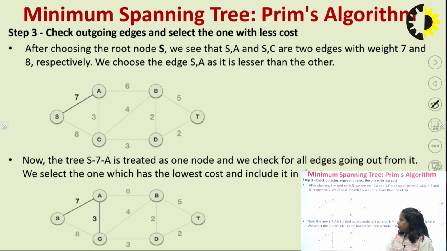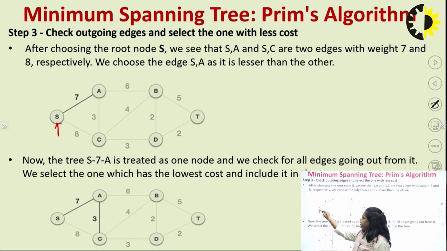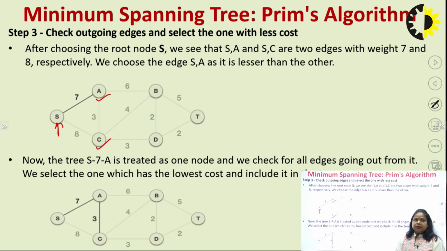For example, S has two adjacent nodes, A and C, and out of those, S to A has the minimum weight, that is 7. So we choose the edge 7.